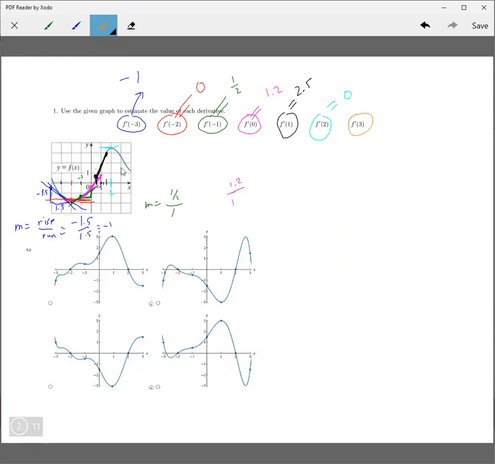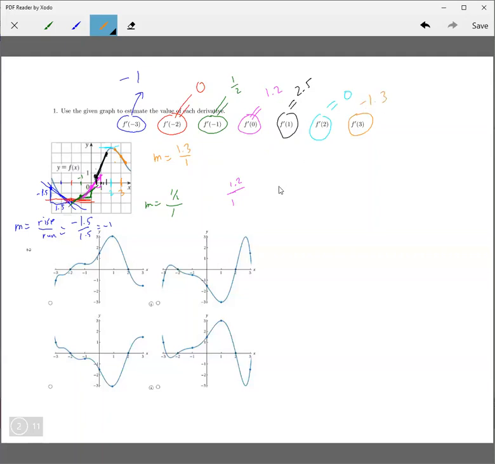Okay, F prime of 3. So here we are at 3, and so we're at this point there. And it looks like it follows that. Okay, so as we go from there to there, we went across by 1, and went down by about 1.3 maybe, 1.4.